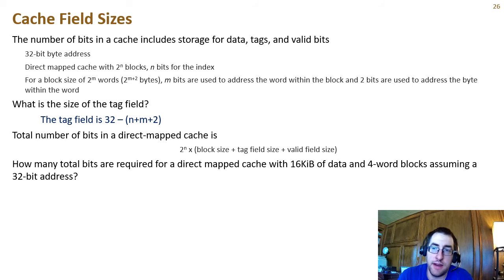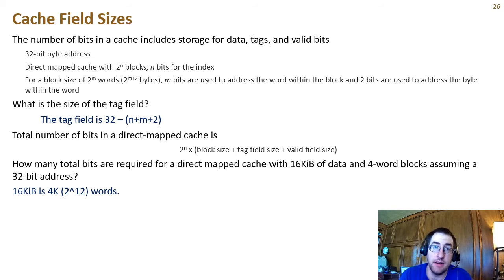So if we have a specific setup that asks us to calculate the total number of bits required to implement a direct mapped cache with 16 kilobytes of data and 4-word blocks, assuming a 32-bit address and a 32-bit word size, we can calculate that. 16 kilobytes is 4K of words, so that's 2 to the 12th, 4,096 words.